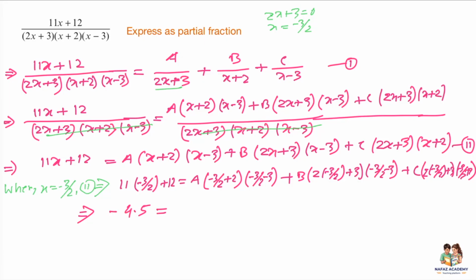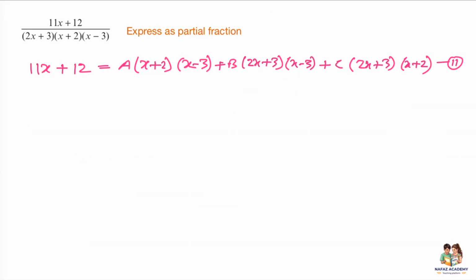It is minus 4.5 plus 12, which is 7.5, and the A part value is 3.75... Both, as I said, are 0. What is the value of A? Minus 4.5 and minus 2.25, divided, the value is 2.